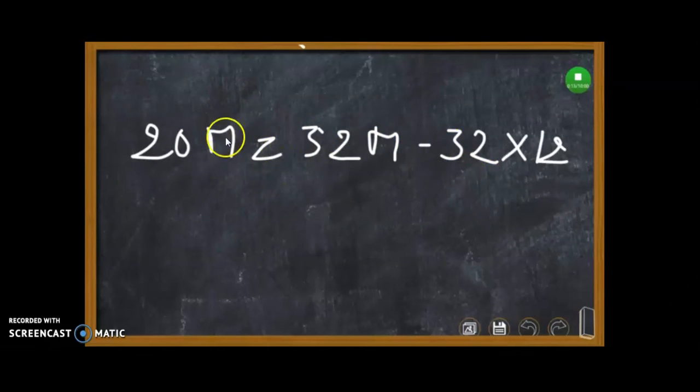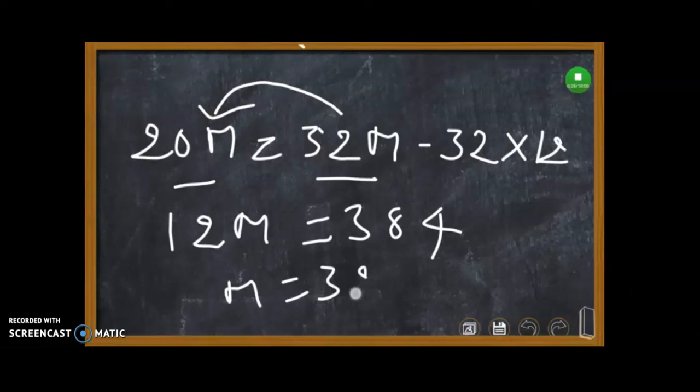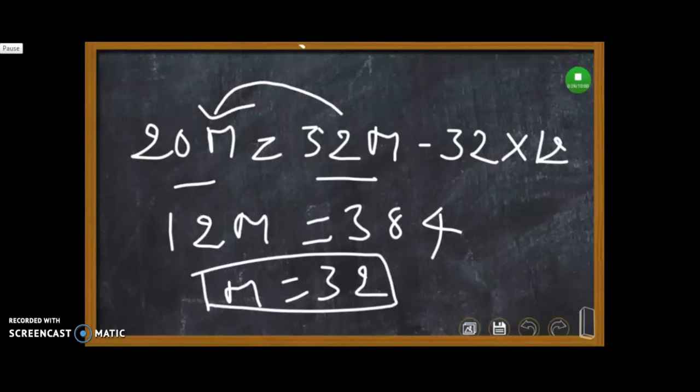So I have written it as 20m is equal to 32m minus 32 into 12. So bring the 32m to the LHS, we will get 12m is equal to 384. So m is equal to 32.